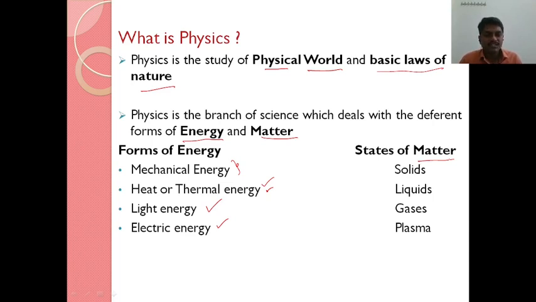There is a 4th state of matter called plasma, which is a state of ionic matter. We will discuss the mechanical properties of solids in the 10th chapter, and mechanical properties of fluids, both liquids and gases, in the 11th chapter. We don't discuss the plasma state here.